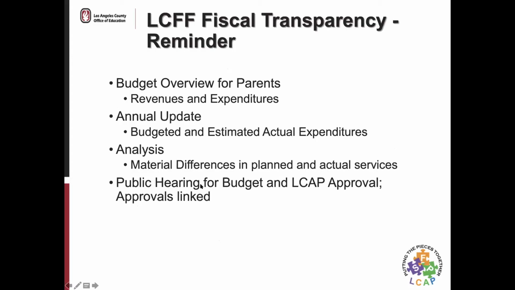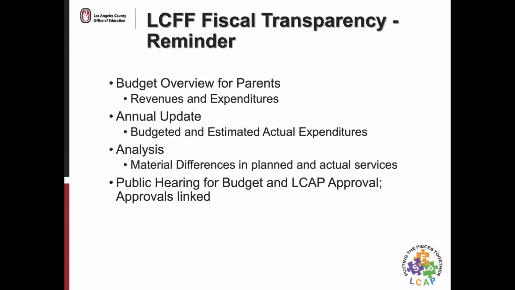All right, so transparency, we mentioned some of these earlier. LCFF transparency is just built into it. Budget overview for parents. Okay. This is where you explain to parents if you spent the funds you said you were going to budget, because the parents and stakeholders were a part of those decisions. So you made a plan, you developed a budget, you said, this is what we're going to do.